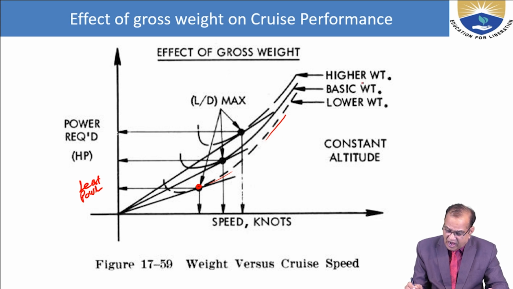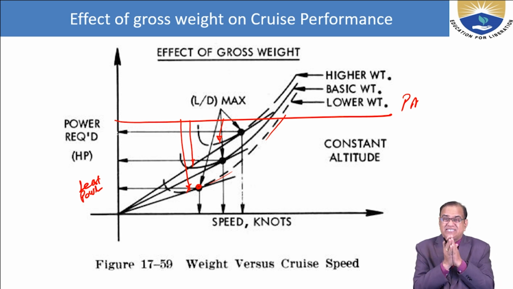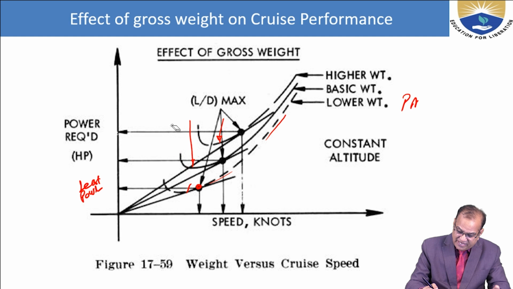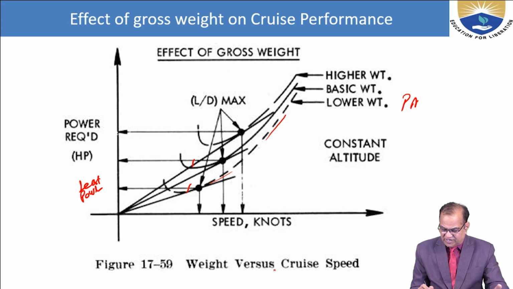If you have the higher weight, it shifts further. And here is the power available; you see it is very less, it is very much, and this is too much. So as per the given engine power, your L by D ratio is very important. For L by D ratio maximum, weight versus cruise flight.